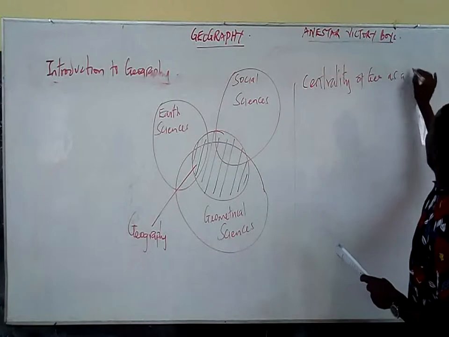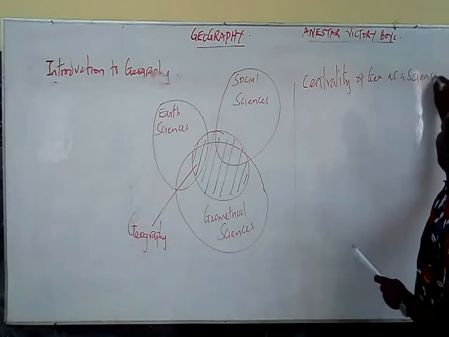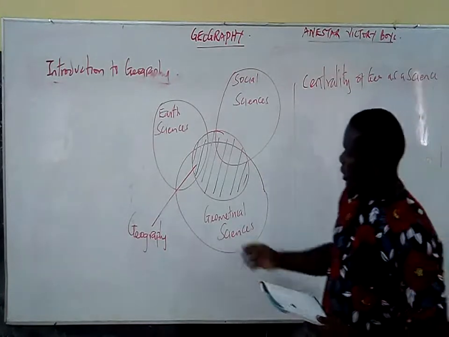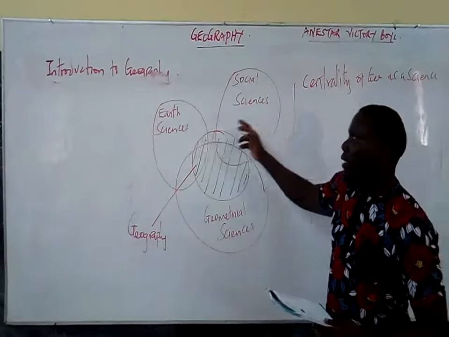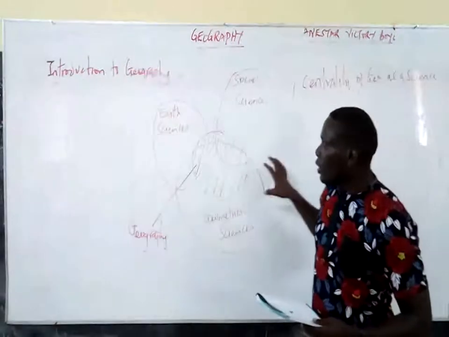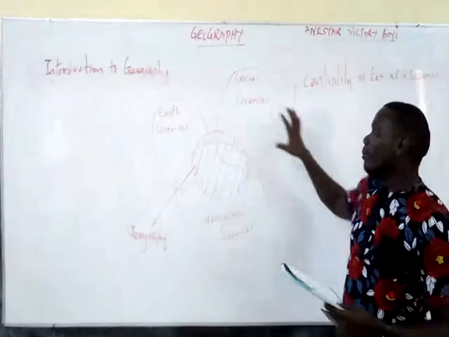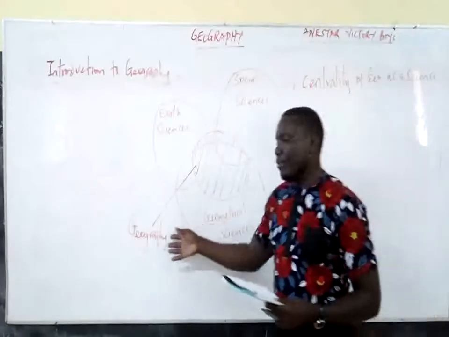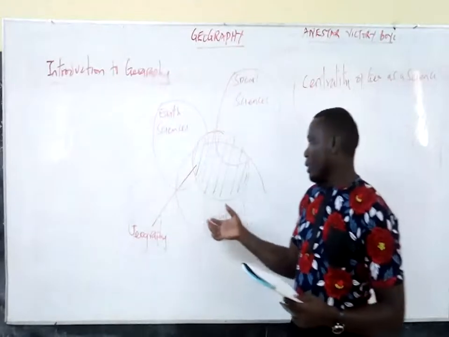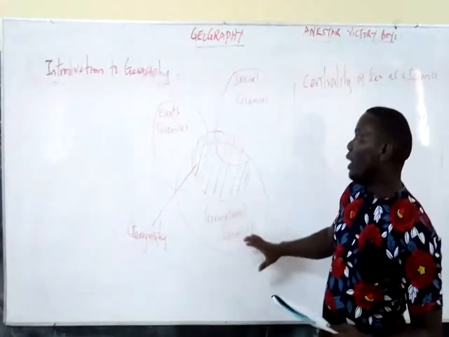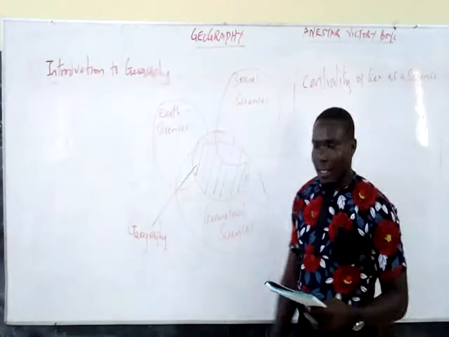When you look at the geometrical sciences, the social sciences, the art sciences, all of them have to relate with geography. At the same time, we cannot only talk of geography without having the relation between all these three sciences.